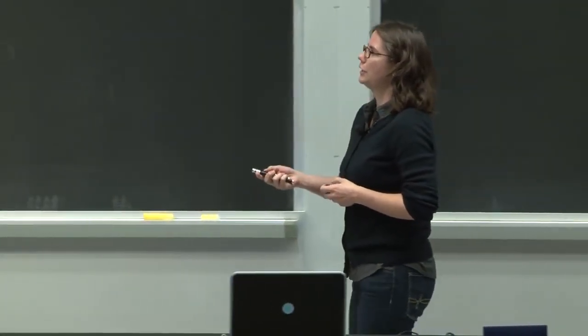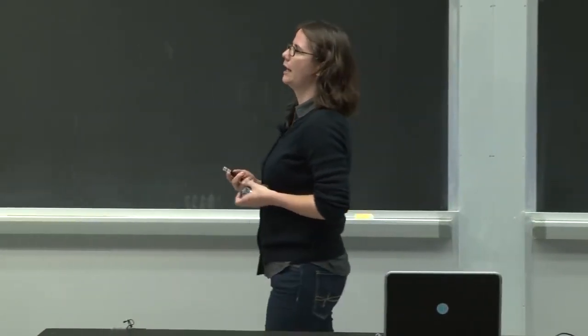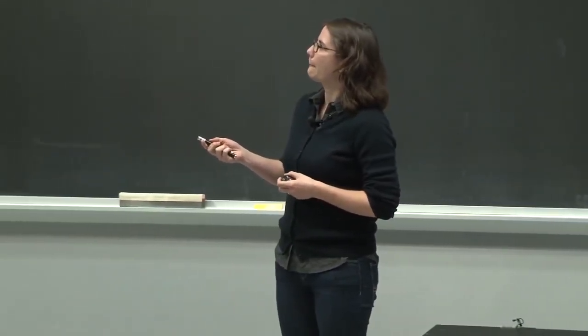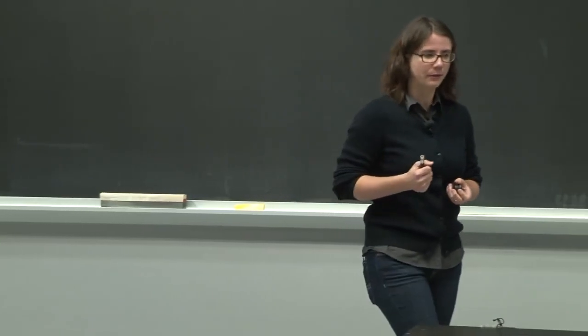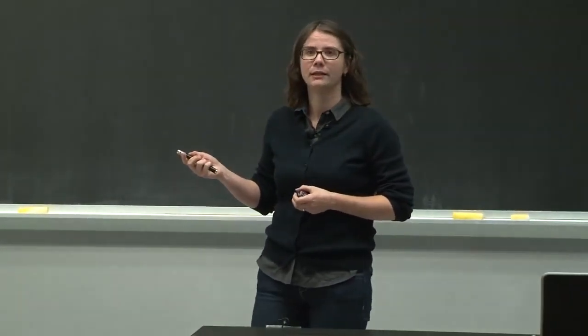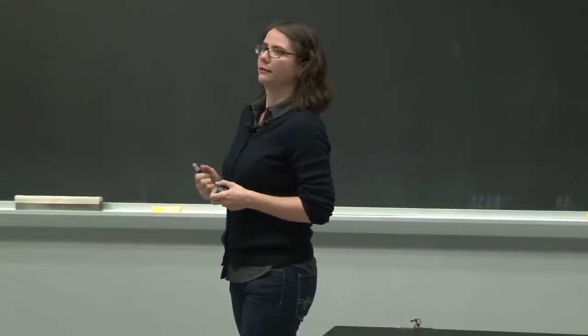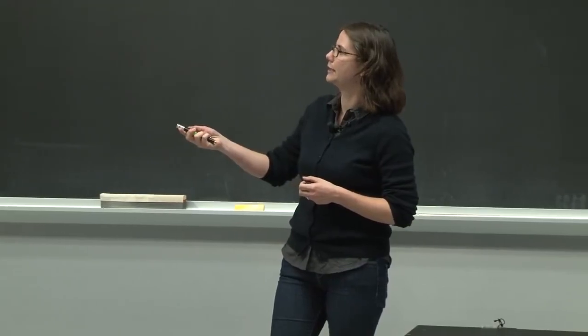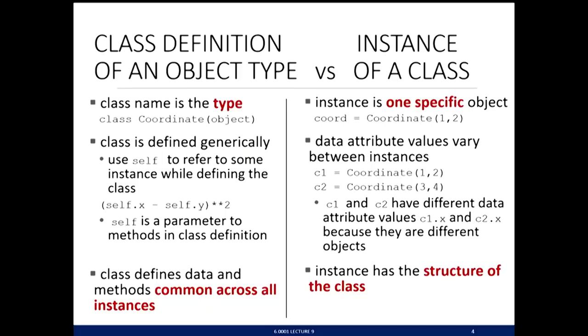Just looking at the coordinate example we saw last time, a little bit more in detail about what that meant. We had a class definition of an object type, which included deciding what the class name was. The class name basically told Python what type of an object this was. In this case, we decided we wanted to name it coordinate. We wanted to create a coordinate object, and the type of this object was therefore going to be a coordinate.